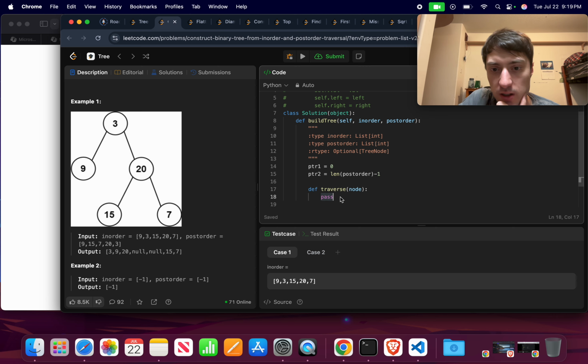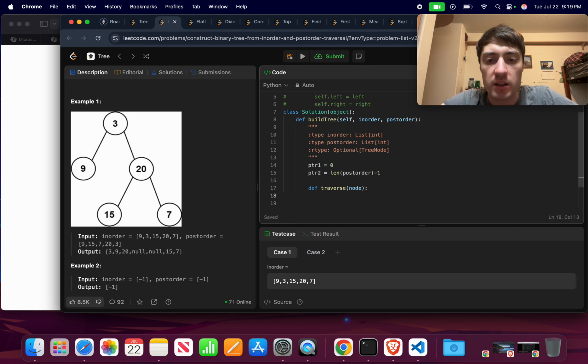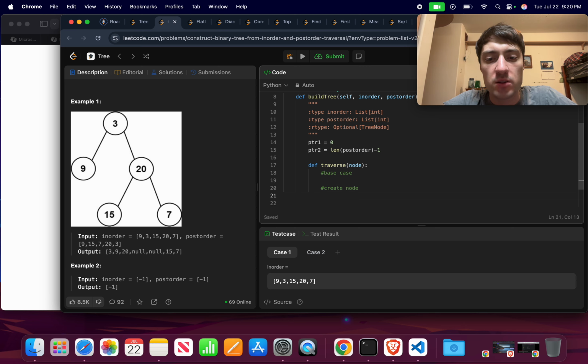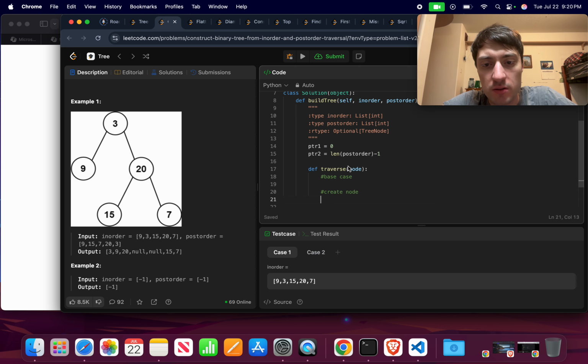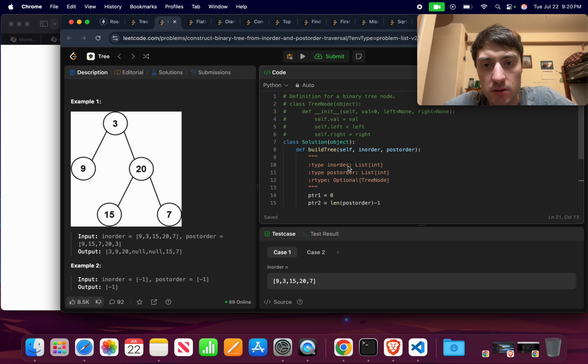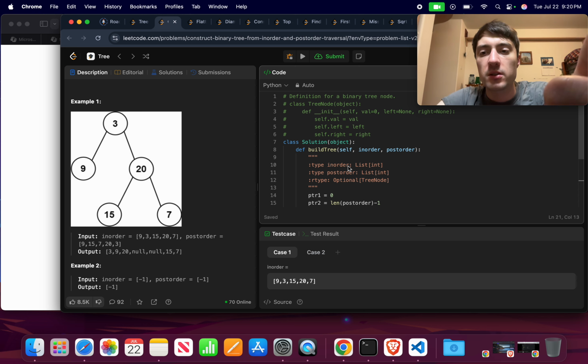So now I can come in here and we need a base case. So base case, it's going to be something. I don't know. But then I'm going to have create node. Okay. And so now I'm going to have tree node. What is it going to be?